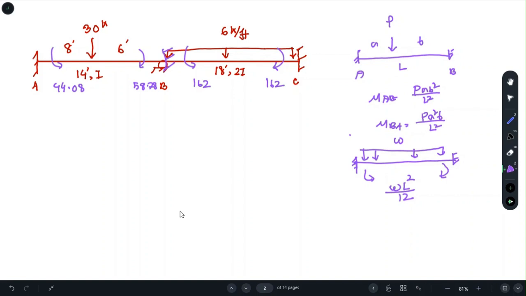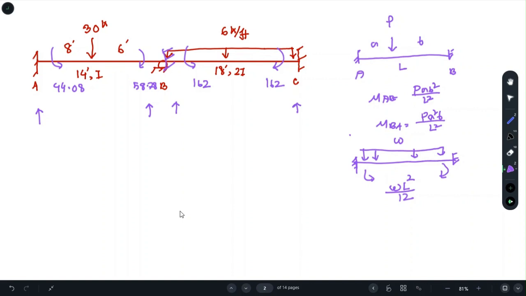Then we will apply Doki, and before that, another thing to say is that for the fixed end moment, we will get reactions also. Like here, we'll get a reaction upward, just left of B, and just after B, and a reaction here.